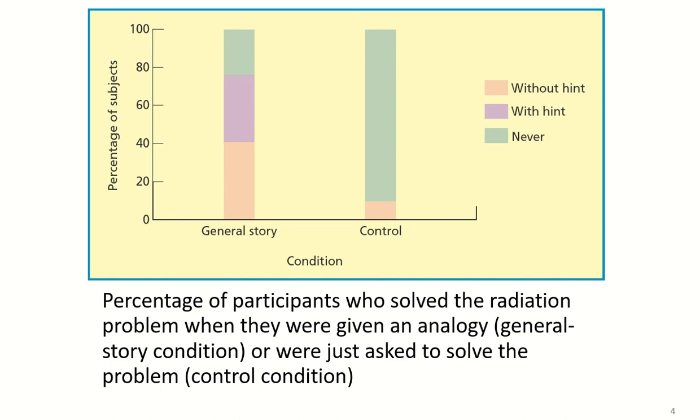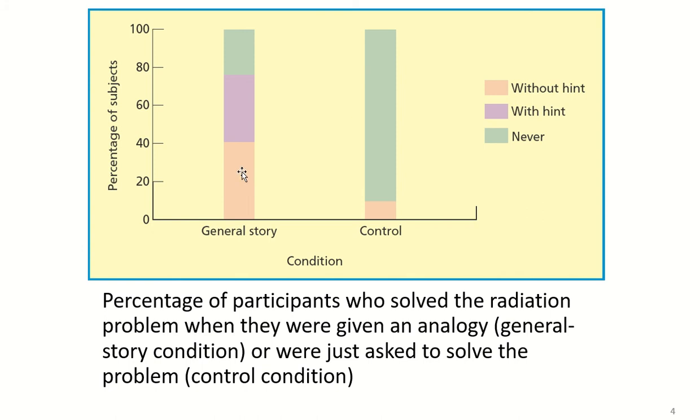And then you can look, okay, if people have been given this analogy, what percentage of people ends up solving this problem? And you see, in a control condition where they weren't given any analogy, some small percentage, about 10% or so, just solves the problem itself. 90% doesn't.